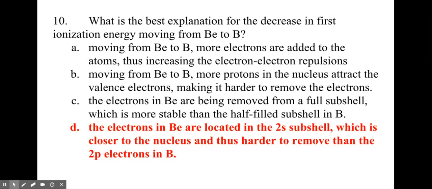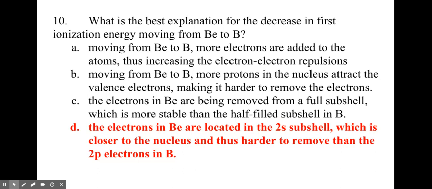Electron-electron repulsions, we said, are out because we're not dealing with paired electrons in boron. Moving from beryllium to boron, protons in the nucleus attracting valence electrons would cause an increase in ionization energy. That's not what the question's talking about. Again, I said there was some truth to C, but saying that something is more stable than something else is not what we're looking for in AP Chemistry.